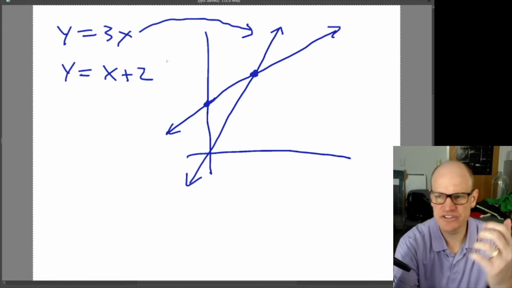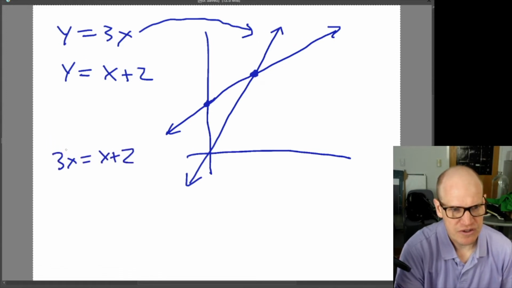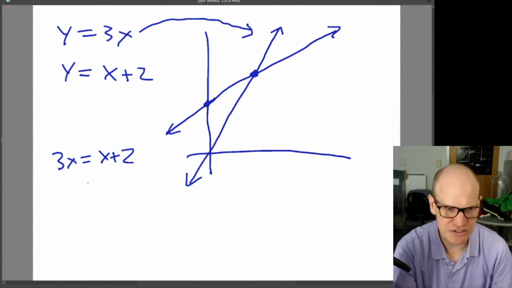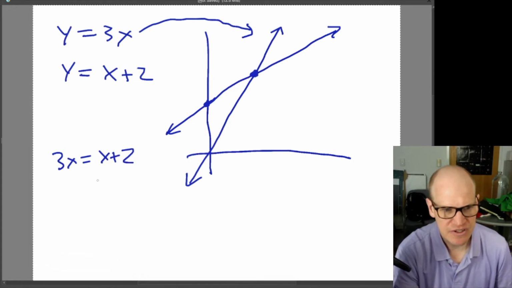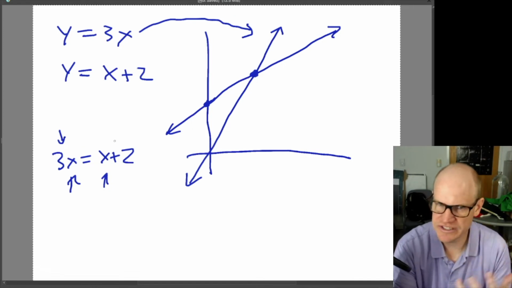So if I say I want these two things to be equal to each other, which would be the equivalent of saying 3x equals x plus 2, they're already not the same. So then the question becomes, under what conditions will these two things be the same? Which is, for what values of x, if I evaluate the left-hand side and if I evaluate the right-hand side, will I get the same answer?